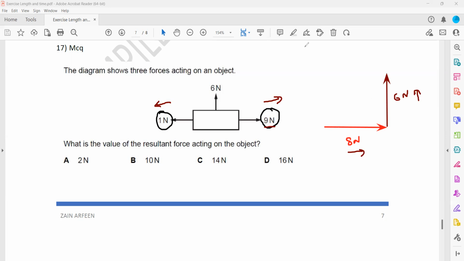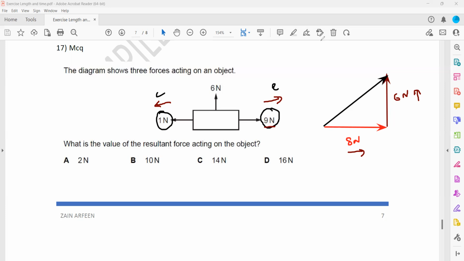So the forces are perpendicular. 8 Newton cannot be towards the left, because 9 Newton is higher than 1 Newton. The force on the right hand side is higher than the force on the left hand side, so the resultant of 9 Newton and 1 Newton should always be towards the right. It cannot be towards the left.